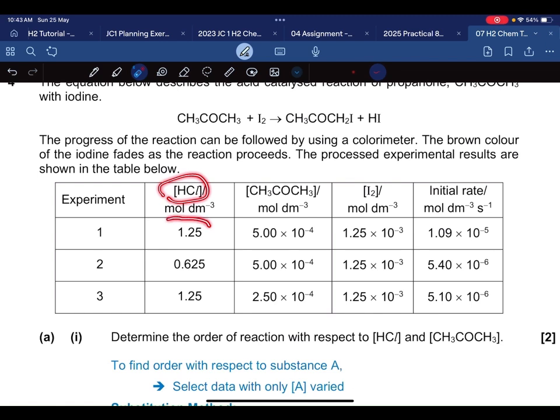This means we should be choosing experiment 1 and 2 because when we change to experiment 2, the concentration of HCl is half. As for the rest of the reactants, the concentration remains unchanged.